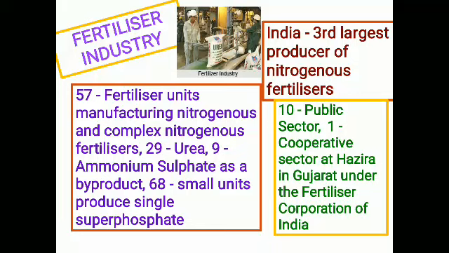In India, 57 fertilizer units manufacture nitrogenous and complex nitrogenous fertilizers, 29 units manufacture urea, 9 produce ammonium sulfate as a byproduct, and 68 small units produce single superphosphate.